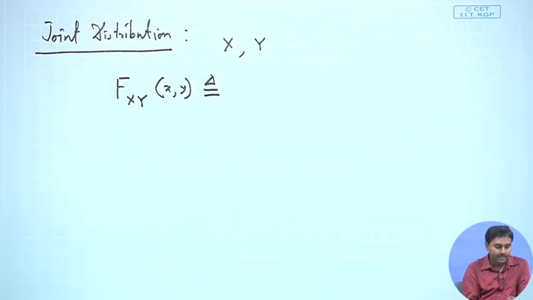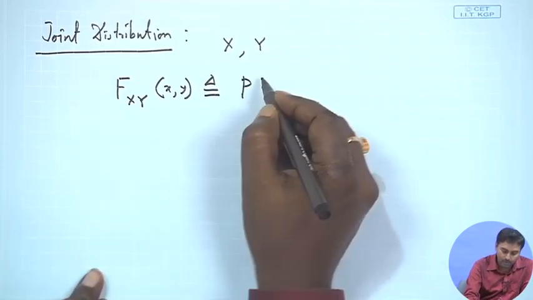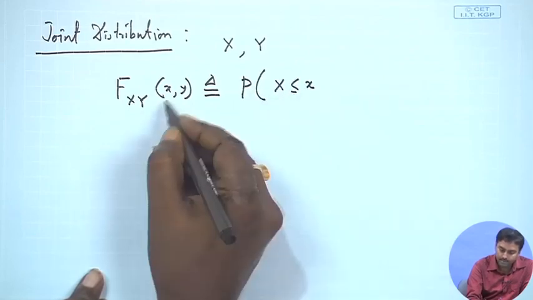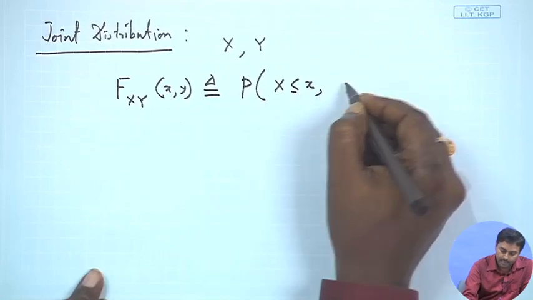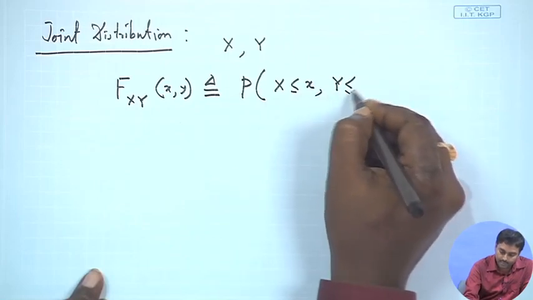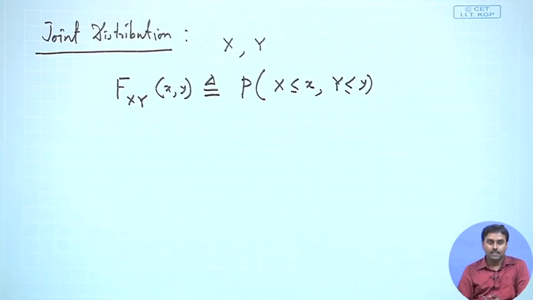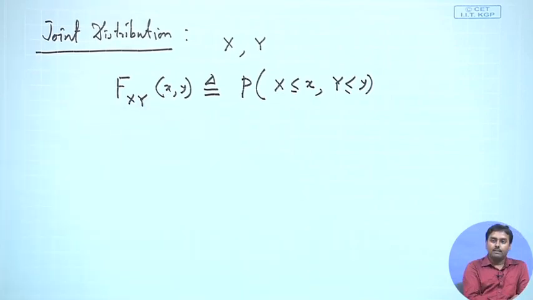What I need to know is this, which by definition is written as the probability that my random variable X is less than or equal to some specified x, and my random variable Y is less than or equal to that specified y. This is called the joint CDF.